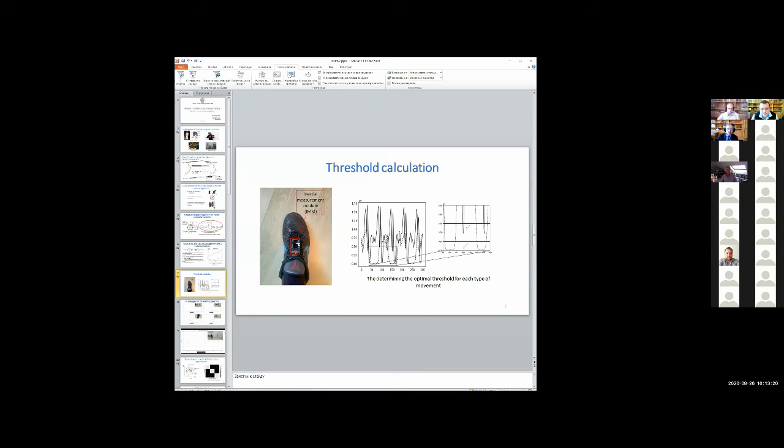Although in the future several modules can be used to increase the precision due to the data fusion from several sensors, but we used just one. Okay, thank you. Thank you for the question.